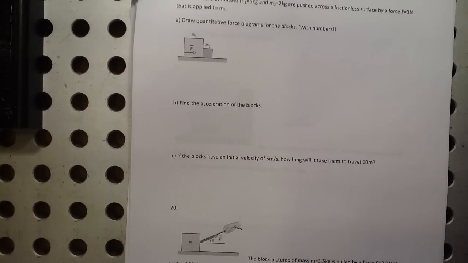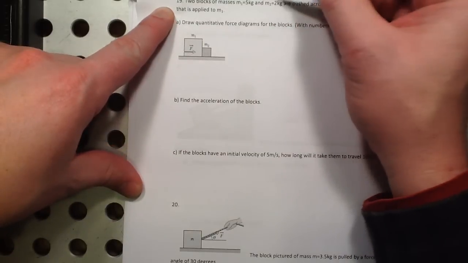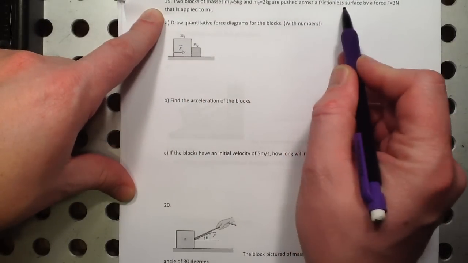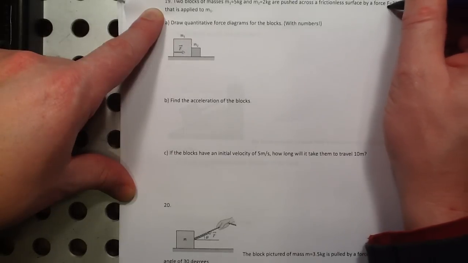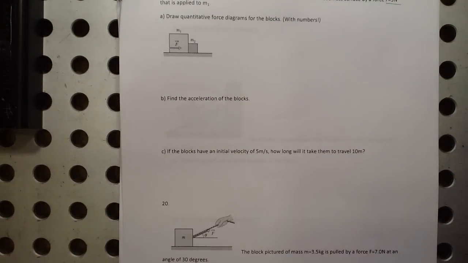All right. Let's see, you got two blocks of masses 5 and 2, pushed across a frictionless surface by a force of 3 newtons. There's that force right there. I'm going through this lead pretty fast here.